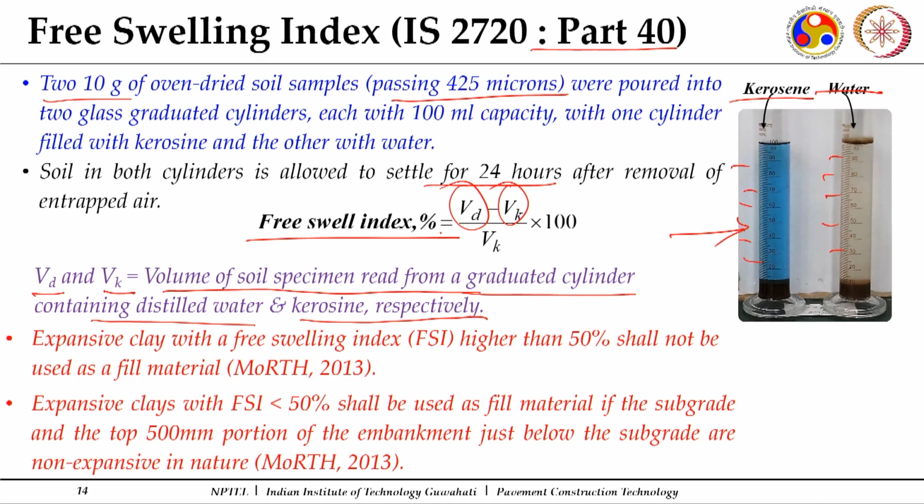So this gives me my free swell index, and it says that expansive clay with free swell index higher than 15% should not be used as fill material. If you have to raise your road level, it should not be used as a fill material because of this high swelling potential.